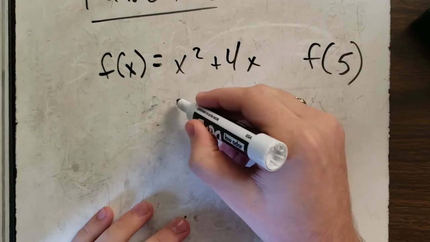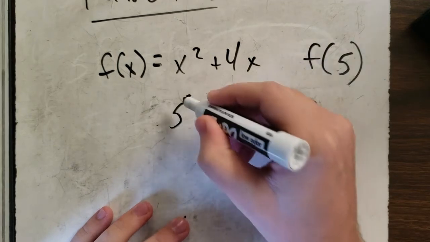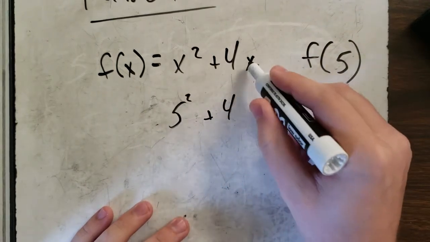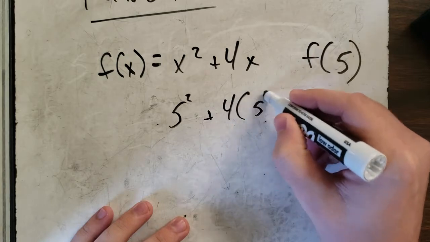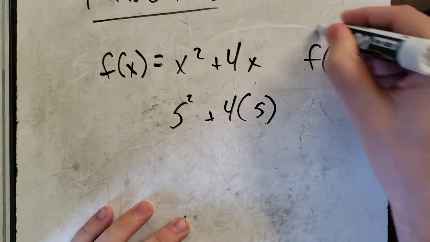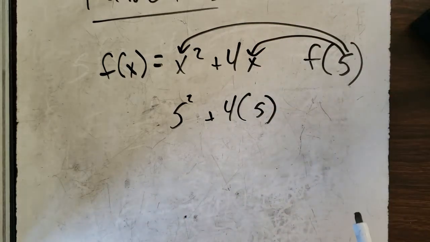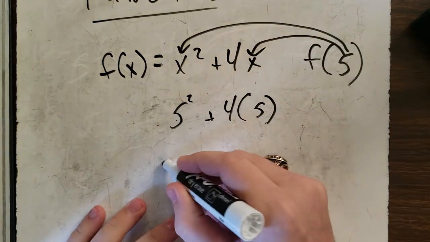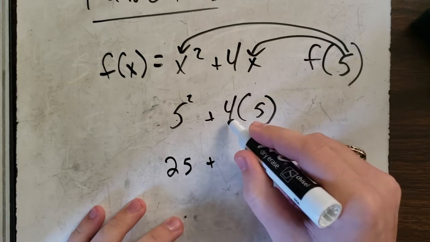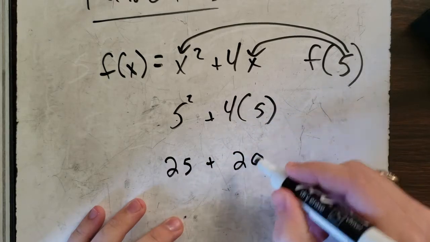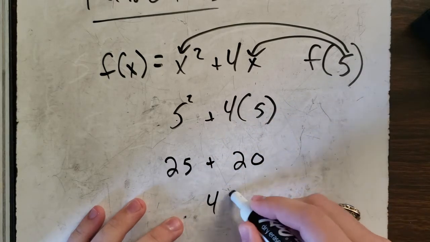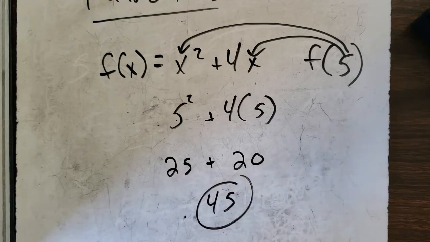So now it's 5 squared plus 4 times 5, okay? So we just plug this in here and plug this in here, same number. And then you just solve. 5 squared is 25, plus 4 times 5 is 20. 25 plus 20 equals 45. Okay, it's really simple. It's not complicated at all.